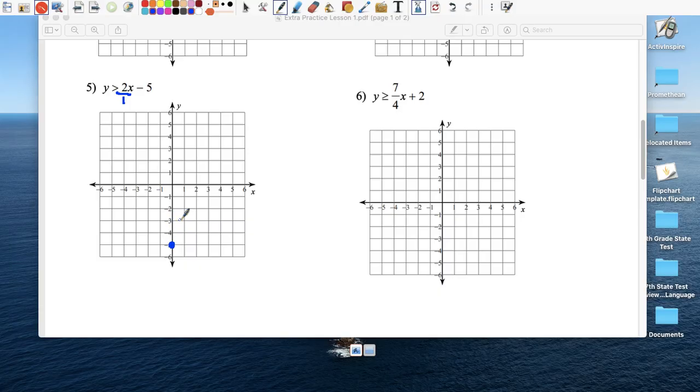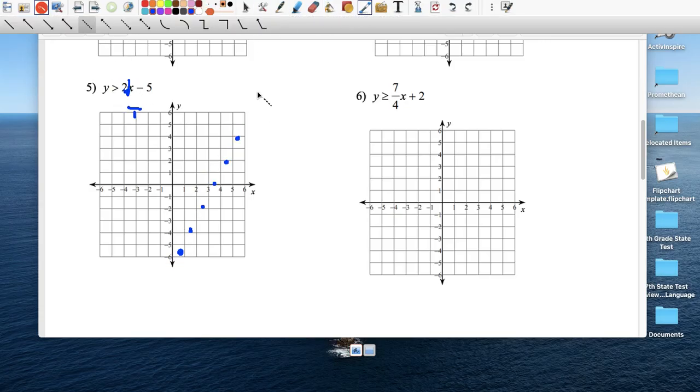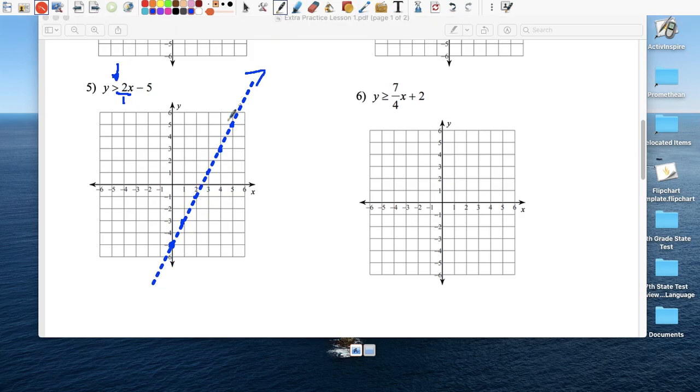So 2 up, 1 to the right, 2 up, 1 to the right, and so forth. The inequality sign is just a greater than sign, so we're going to use a dashed line. Just like that. So y is greater than 2x minus 5.